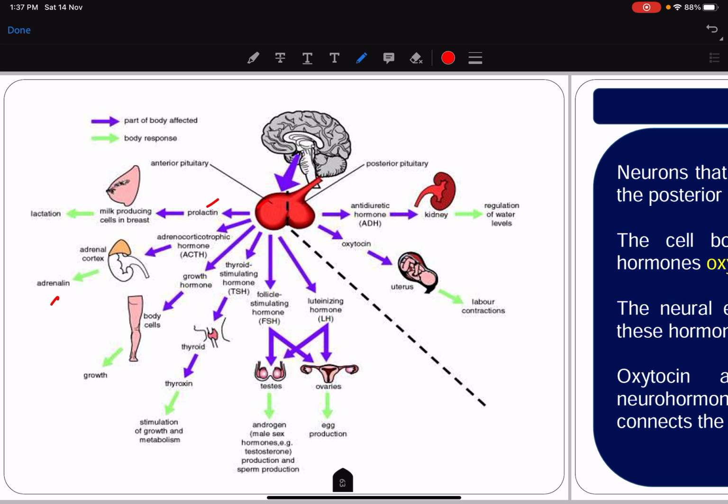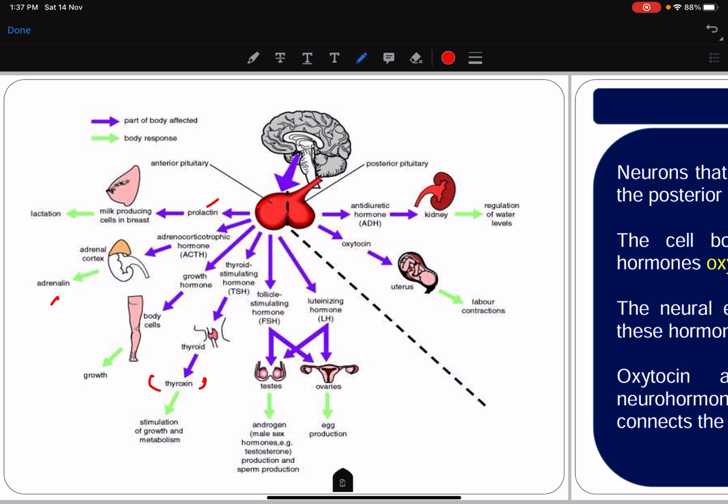TSH, thyroid stimulating hormone secreted by the anterior pituitary, travels through the blood to the thyroid for the thyroid to secrete thyroxine. This thyroxine will then stimulate growth and metabolism.